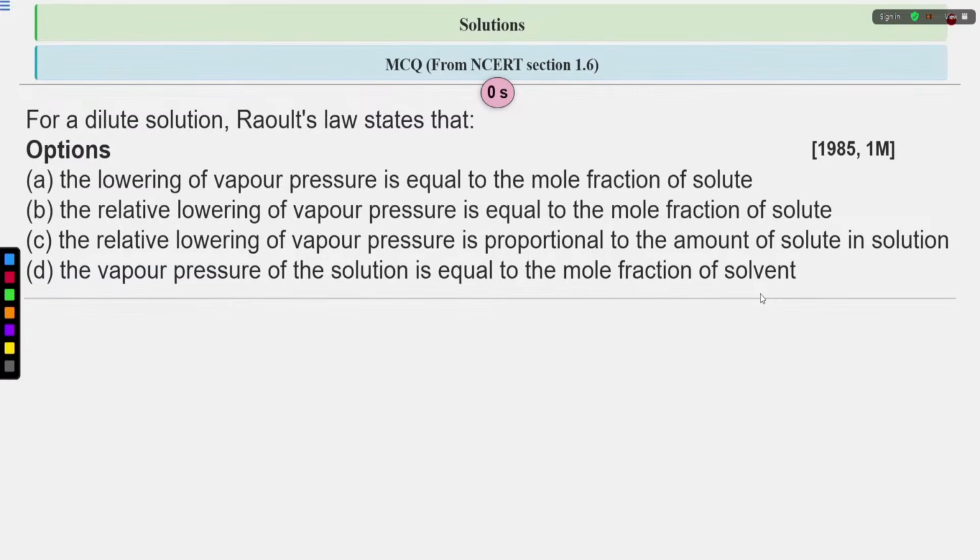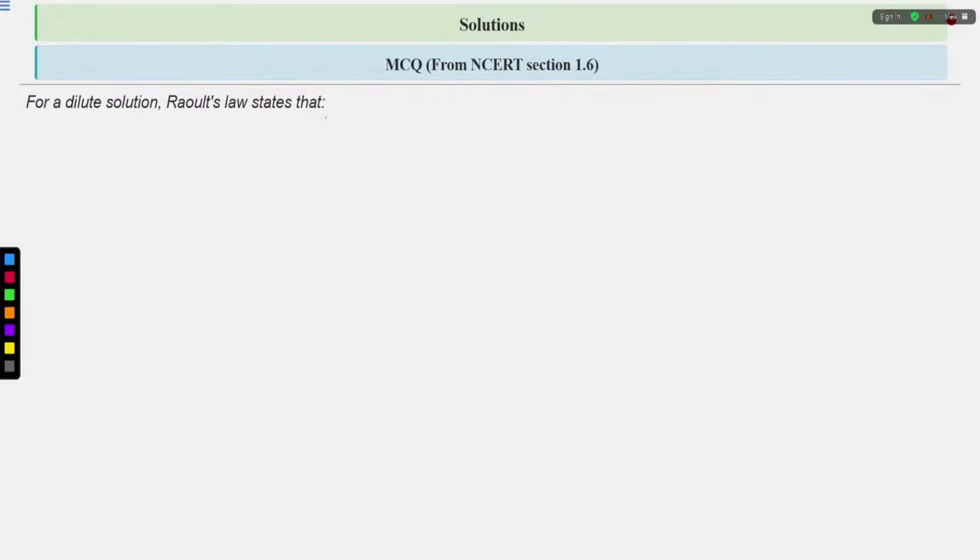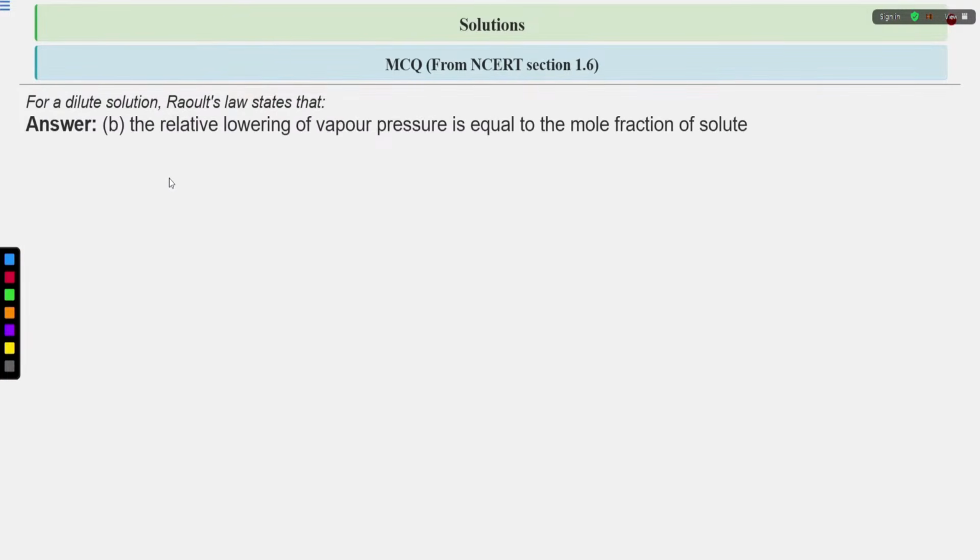Okay, so let's see. For this question, the correct answer is option B, the relative lowering of vapor pressure is equal to the mole fraction of the solute.